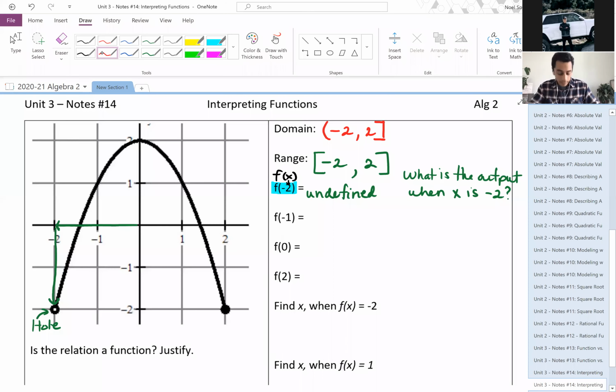All right, let's take a look at the next one, right? So again, this is like saying f of x. So what does that mean? What would be the translation in this case? So translate it into the phrase the same way I did with the first question. F of -1, what is it asking us to find? It's asking us to find an input, or is it asking us to find an output?